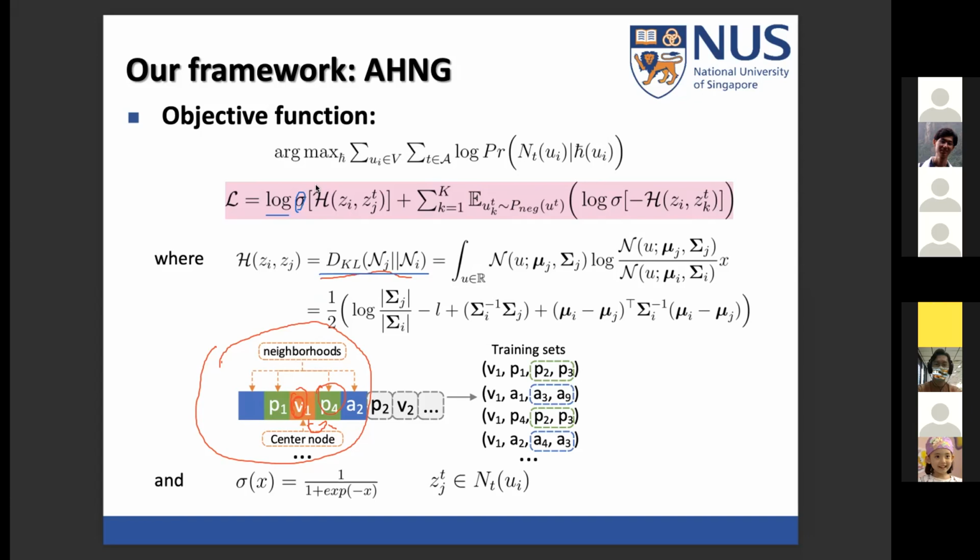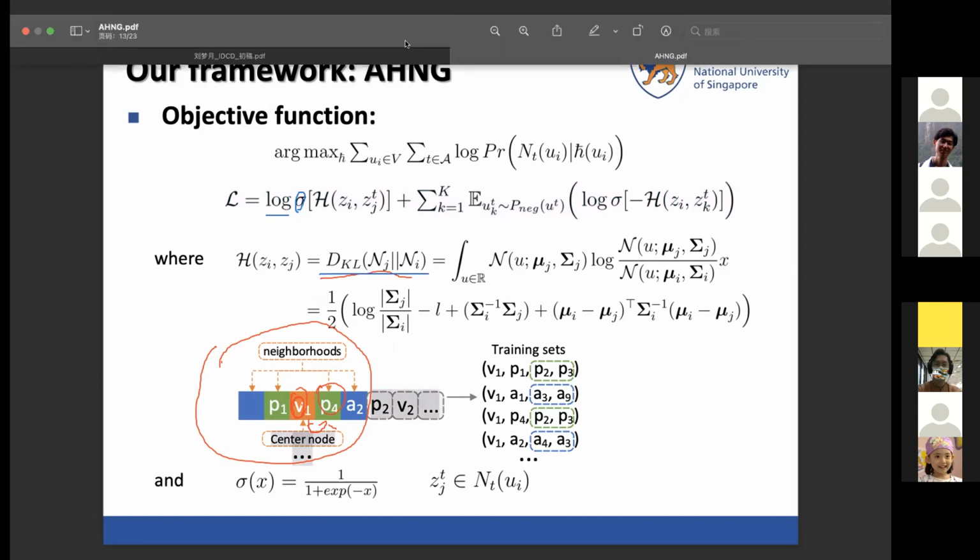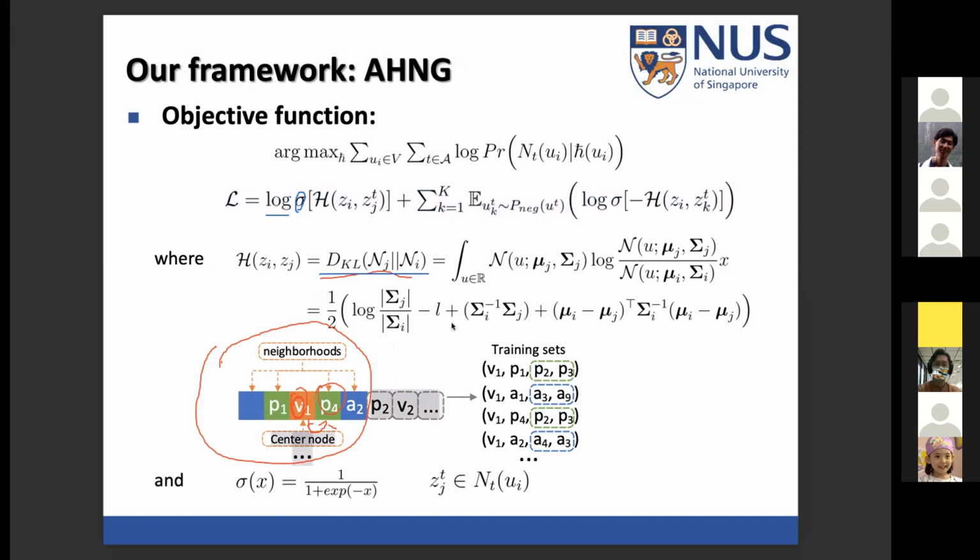Yes. I think the question is simple: why do we need to apply the sigmoid function after we already have the KL divergence?